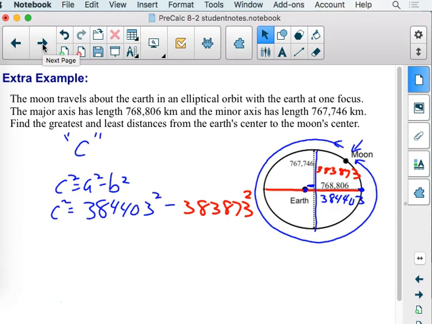Whew, those are some whopper numbers. So let's see what happens. We have 3,844,003 squared minus 3,838,73 squared. Square root of that really obnoxious answer.